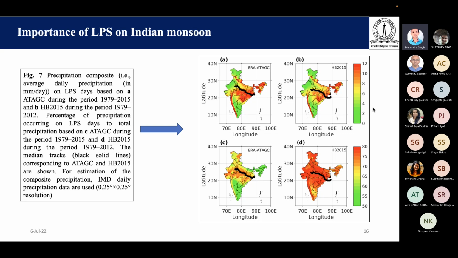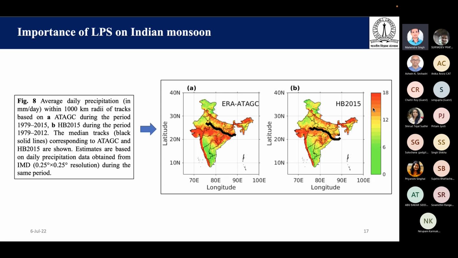And for the HV15, it is quite uniform in the whole of India, except the south region. This is because HV15 got around 90 LPS days, as compared to ATUGC, which got around 68 LPS days per year.